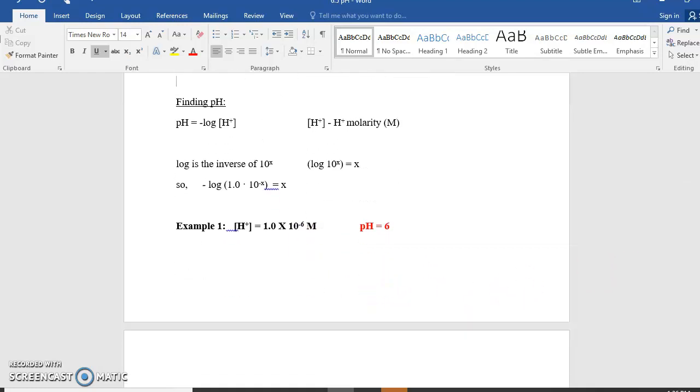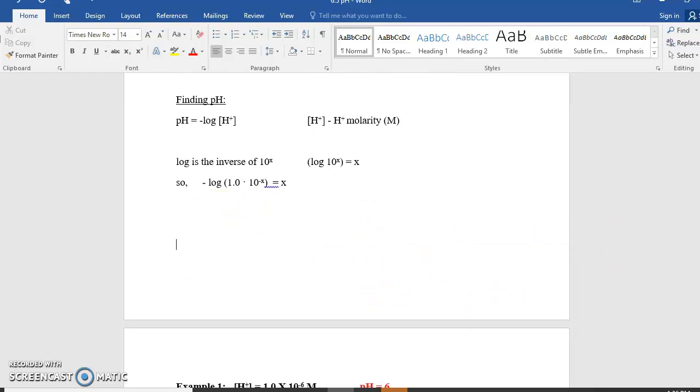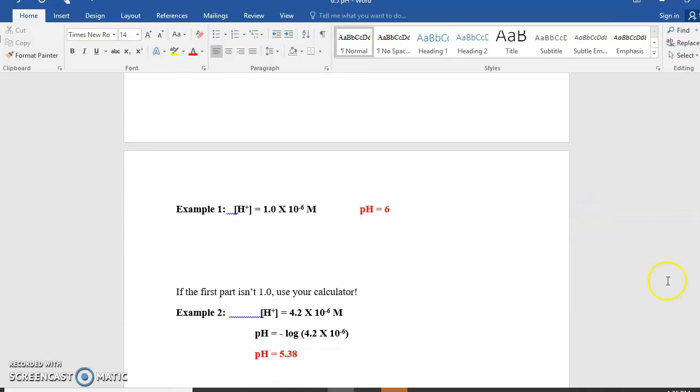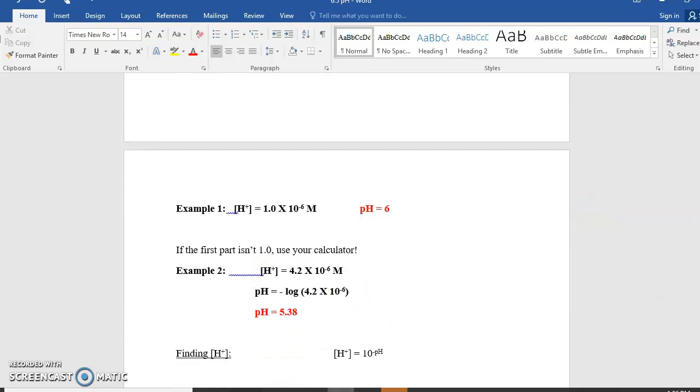If you don't have a tidy answer like that, then we have to actually plug it into a calculator. You cannot solve these without a calculator, just right off the bat. So if my hydrogen ion molarity is 4.2 times 10 to the negative 6, it's not 1.0 times 10 to the negative 6 anymore, it's 4.2 times 10 to the negative 6. I have to take the negative log of 4.2 times 10 to the negative 6.